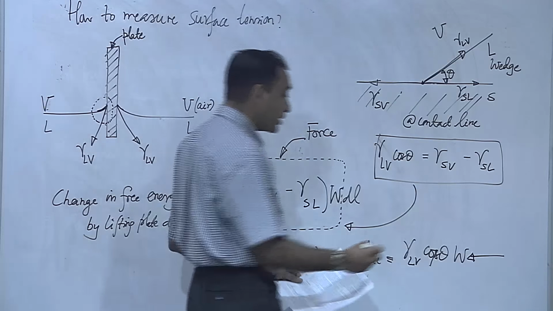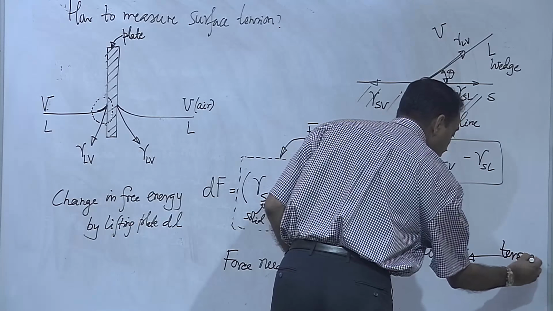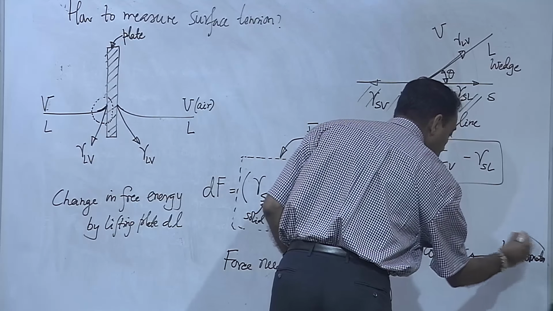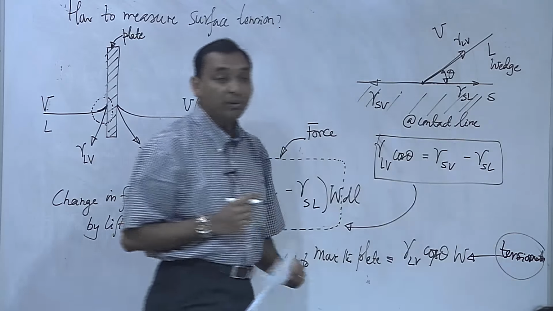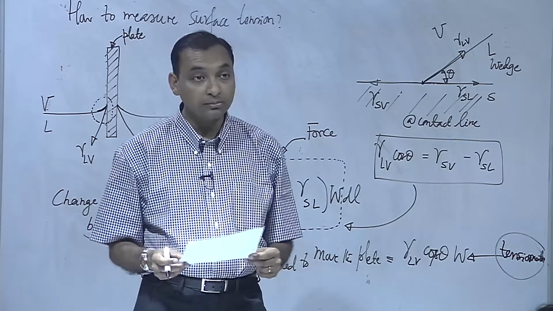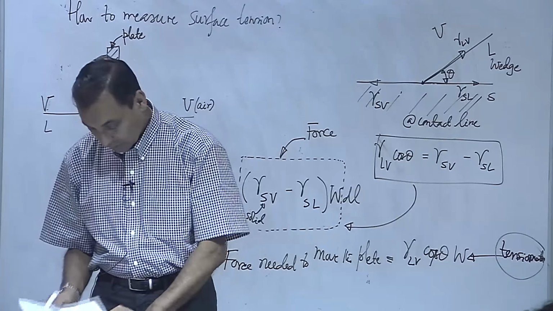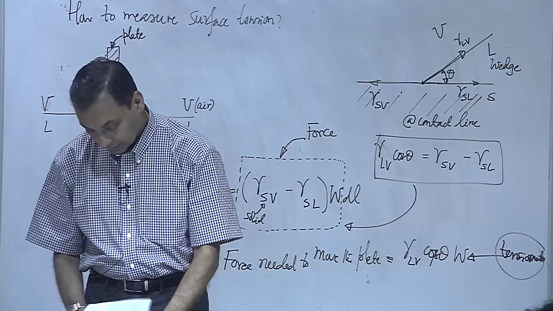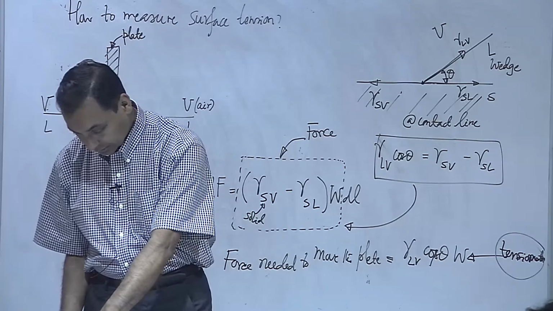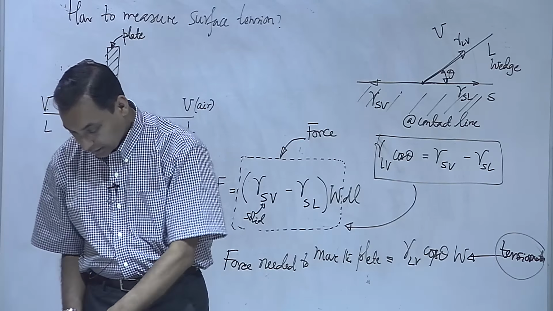So this is the principle used for the tensiometer. The tensiometer works on this principle to measure surface tension for any unknown liquid. Any question on this? Is it clear?